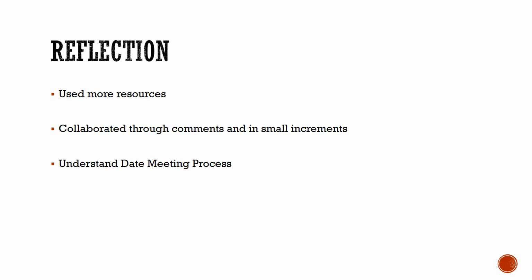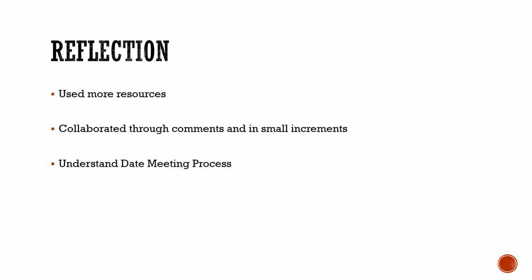As I mentioned in our agenda, I'm going to give you a brief reflection of how me and Jamie felt after completing our data meeting number 4. We felt that data meeting number 4 was very beneficial, as the other data meetings were, but this data meeting allowed us to get a clear understanding of the process of all of our data meetings coming together.